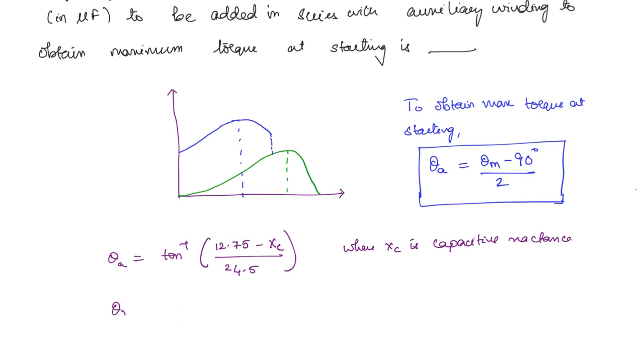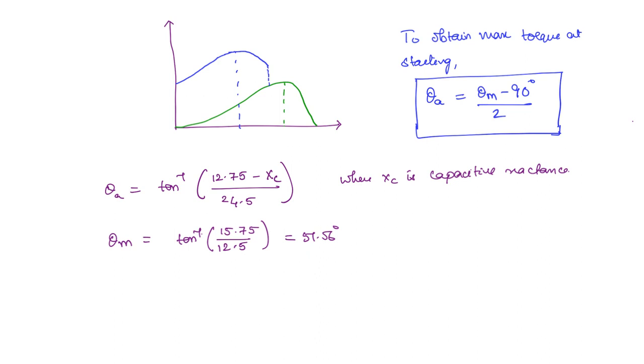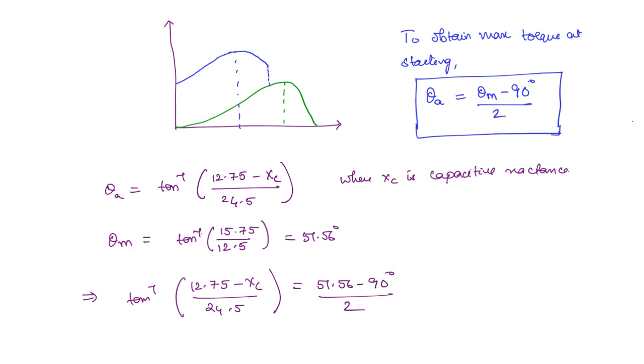Similarly, theta m is equal to tan inverse of 15.75 divided by 12.5. This you are going to get as 51.56 degrees. Therefore tan inverse of (12.75 minus Xc) by 24.5 is equal to (51.56 minus 90 degrees) divided by 2.